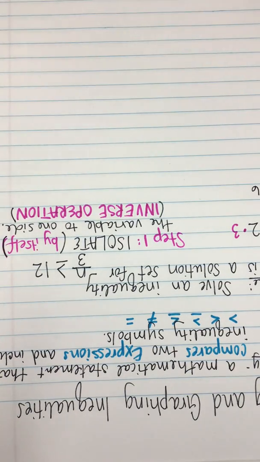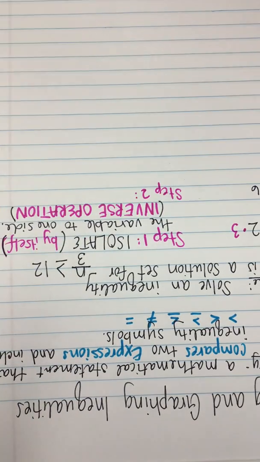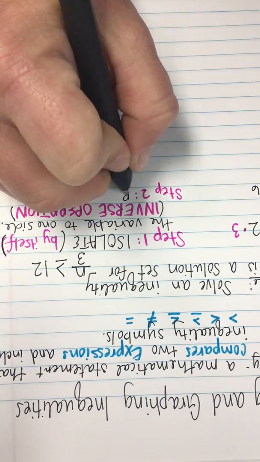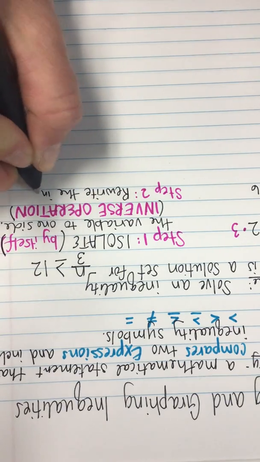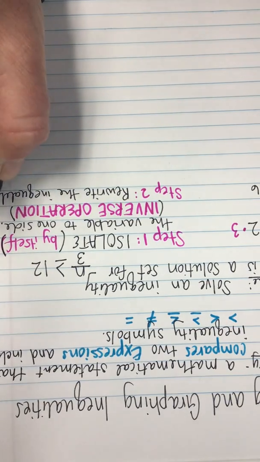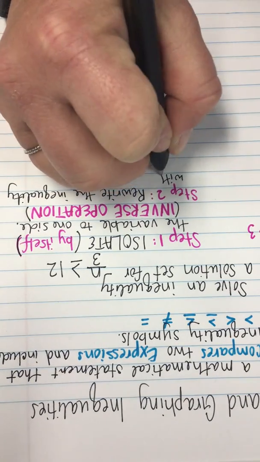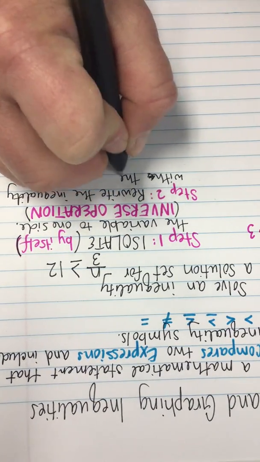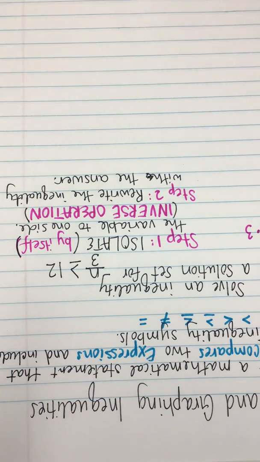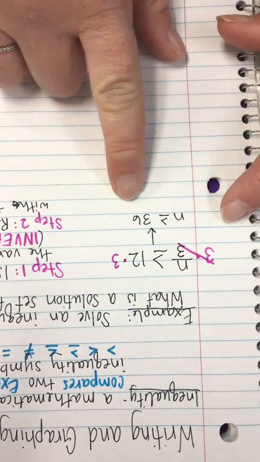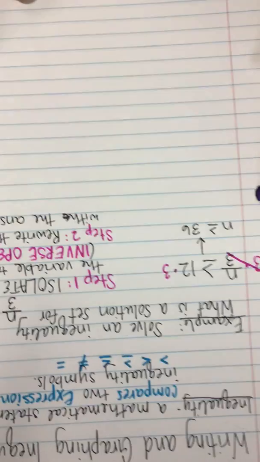Step 2 would be to rewrite the inequality with the answer. So when you bring this down, this is step 1, this is step 2.